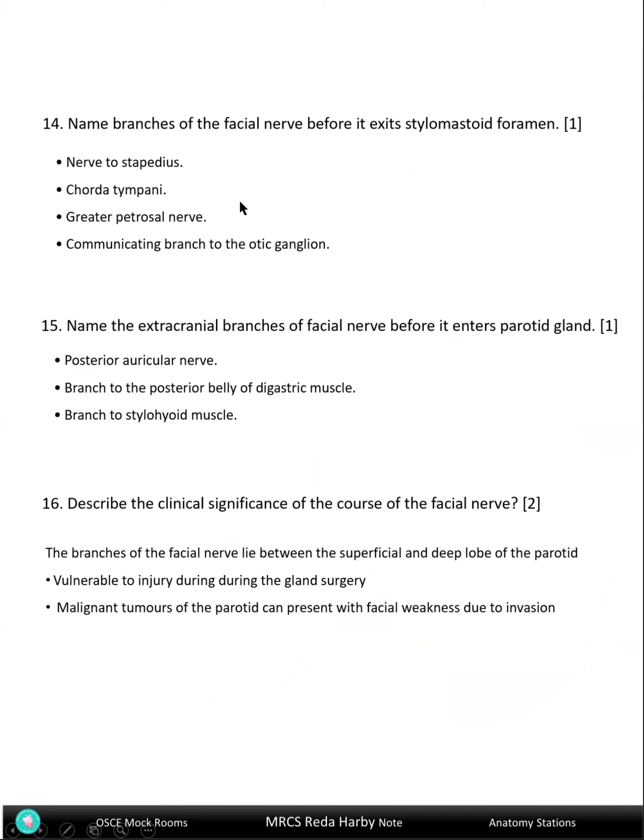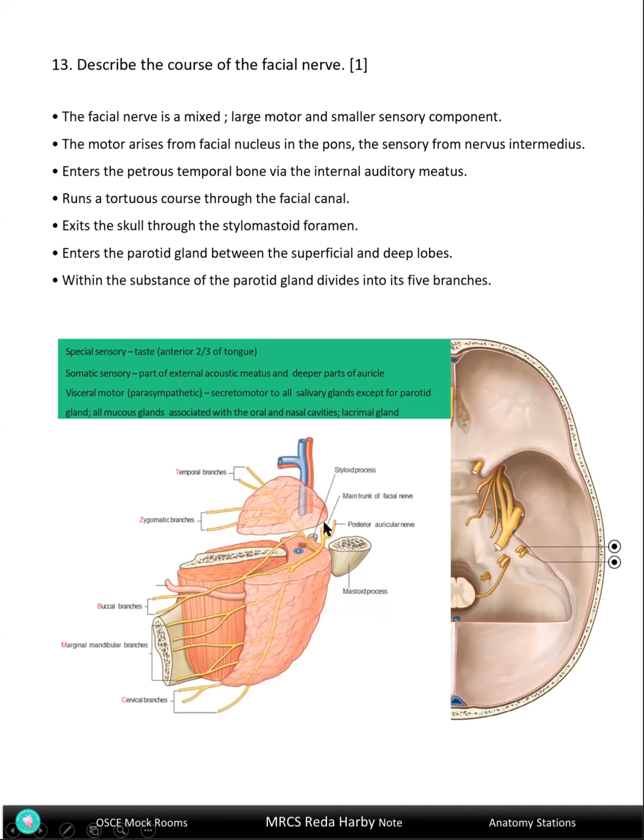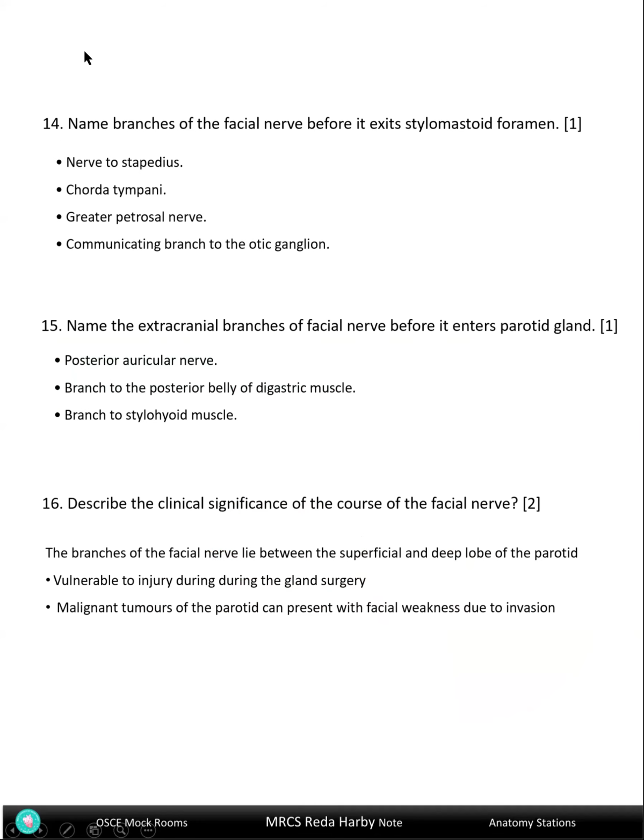Don't forget this. Branches before it exits the stylomastoid foramen, before it enters the parotid gland. There are 4 branches before I come here to the stylomastoid foramen. Okay, nerve to stapedius, chorda tympani nerve, greater petrosal, and a communicating branch to the otic ganglion.